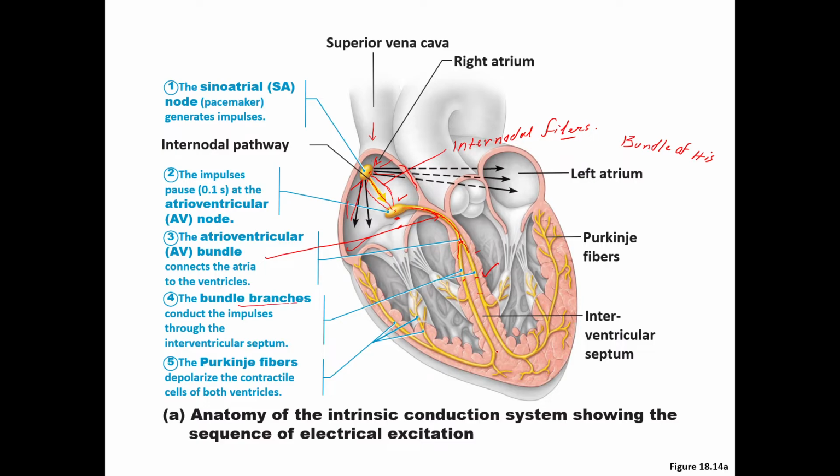Okay, and these bundle branches go all the way down to the lower part of the interventricular septum, and then the left one goes to the wall of the left ventricle, and right bundle branch goes to the wall of the right ventricle. And in the wall of the ventricle, they give branches, and these are called the Purkinje fibers. Okay, so those are the parts or structures of the conductive system of the heart.